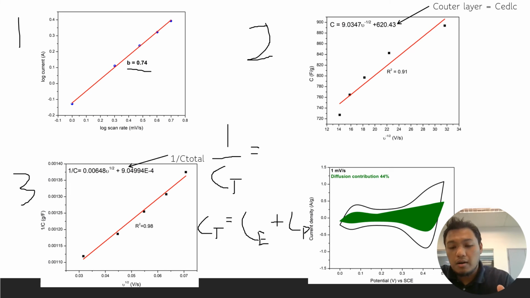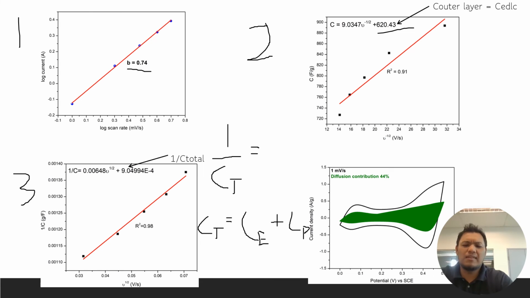Now you already got your CP. For example, when you calculate, your C total is around 1000, minus your 620, then you get your C pseudocapacitive, how much. So then you can go for the contribution ratio.